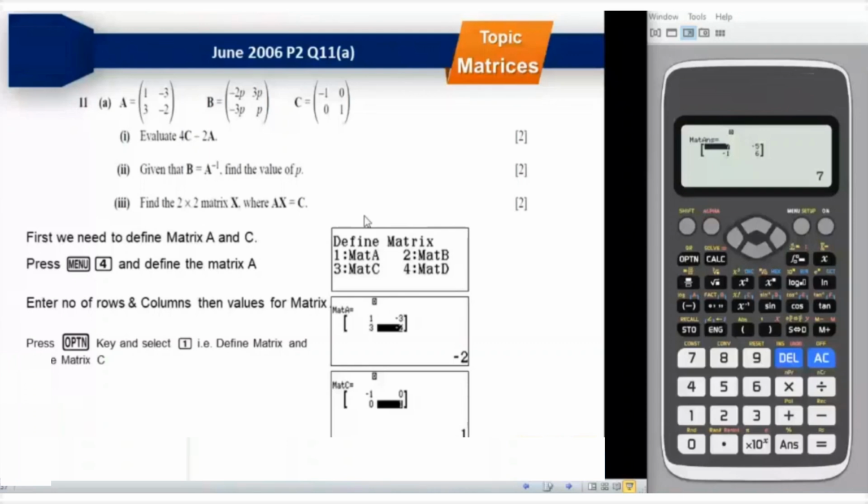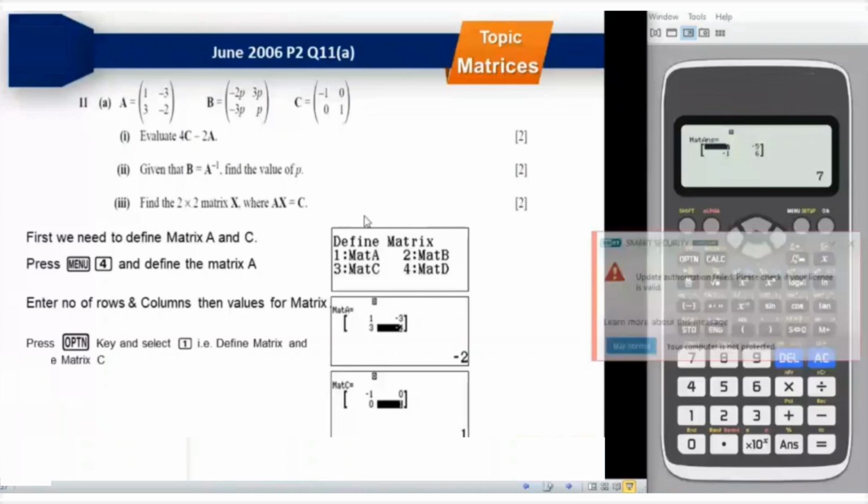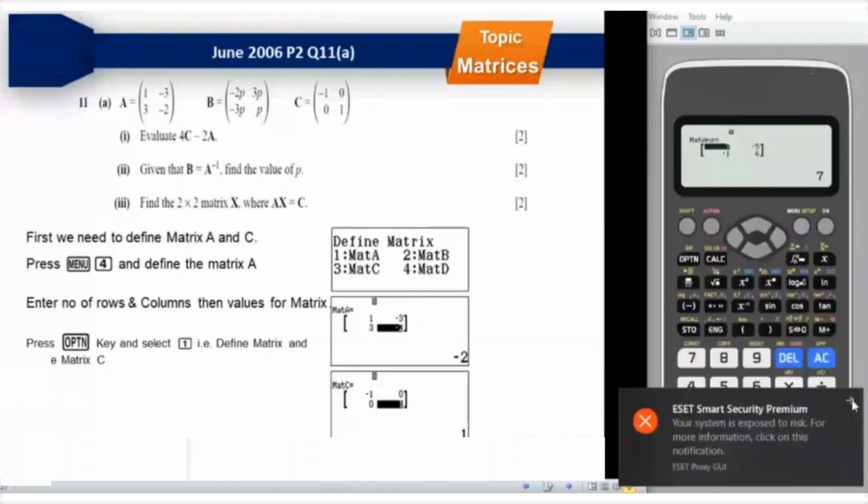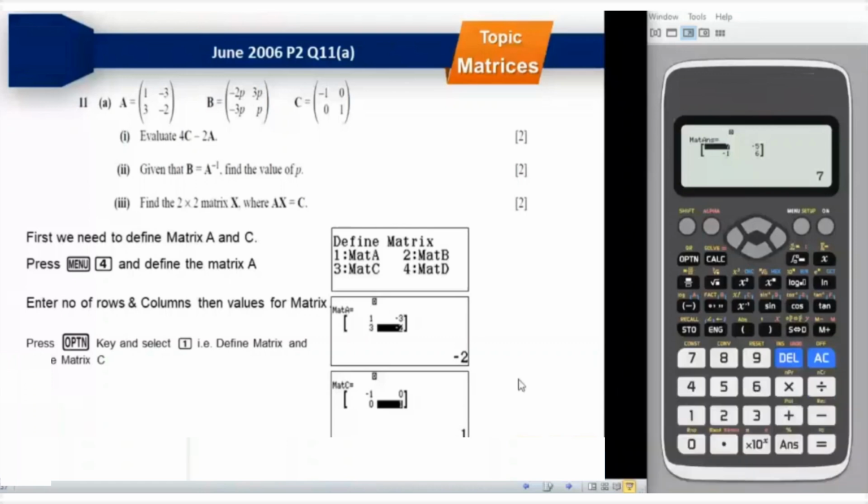Unfortunately, we cannot enter matrix B into the calculator because it has a variable involved. And since it has a variable involved, we cannot add it in the calculator, but we can add A and C.